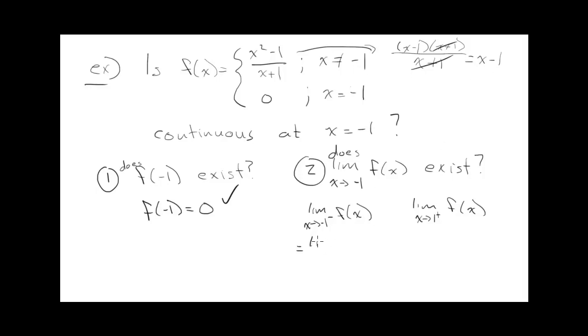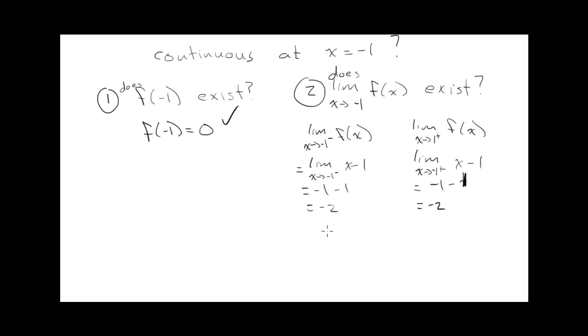So I can just do the limit as x goes to -1 of x minus 1, and now I can use direct substitution. There's -2, and then I can do the same thing here. I'm going to be using the same part of the function. So it'll be -1 minus 1. So the left and right limits exist, so therefore the limit as x goes to -1 of f at x is equal to -2.